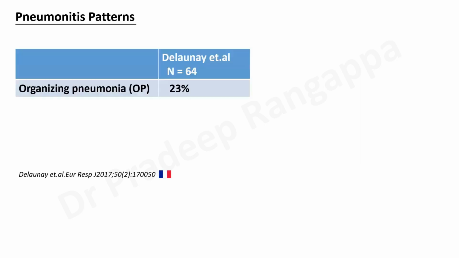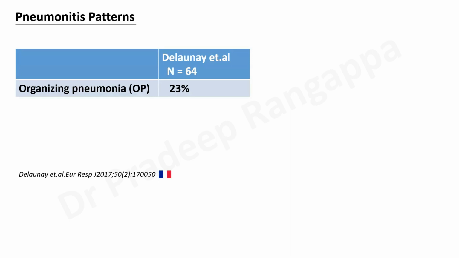So this is very interesting. When I was reviewing the literature, it was fascinating to see that there are so many pneumonitis patterns that are recognized only due to the immunotherapy that is being given. This was a study done by a French group, Delaunay et al. They looked at 64 patients and found different types of pneumonitis.